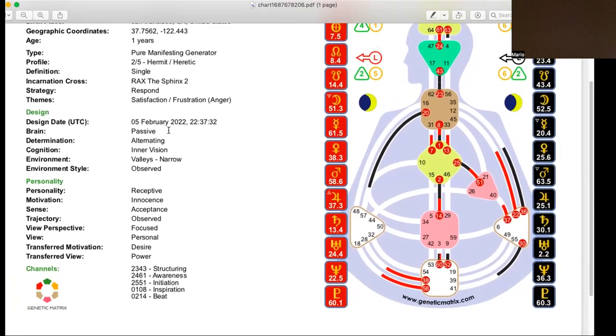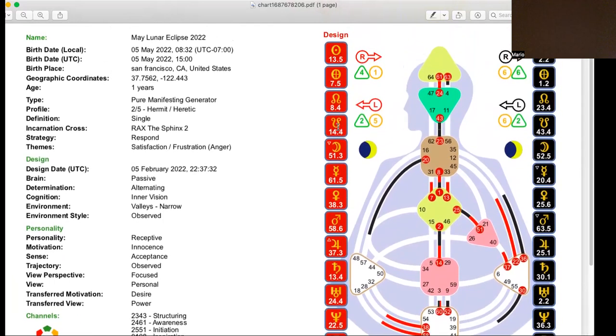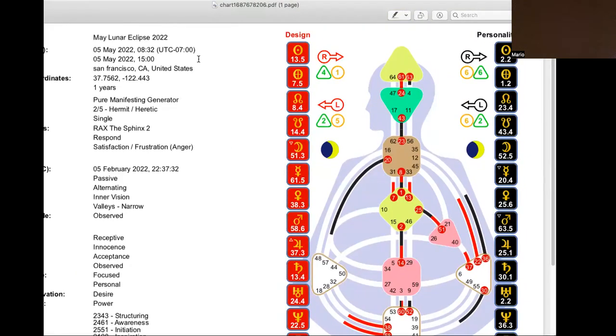A couple other quick points I'll go over is you can read your Human Design graph. One way of reading it for fun is just reading it by the line numbers, the 1 to 6 line numbers after the point.